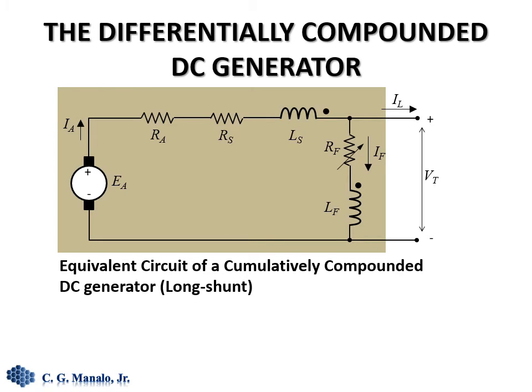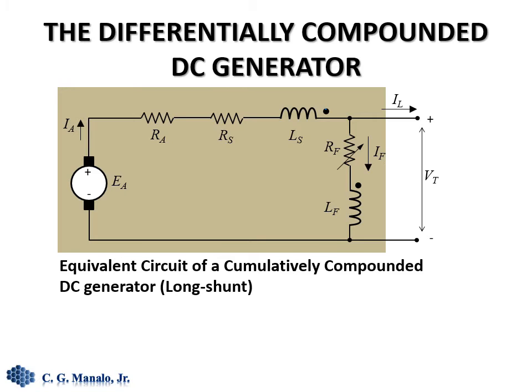Now let's go to differentially compounded DC generators. So the circuit is like this one, for the long shunt, and it looks similar to the cumulatively compounded DC generator, except that our series field is now reversed.